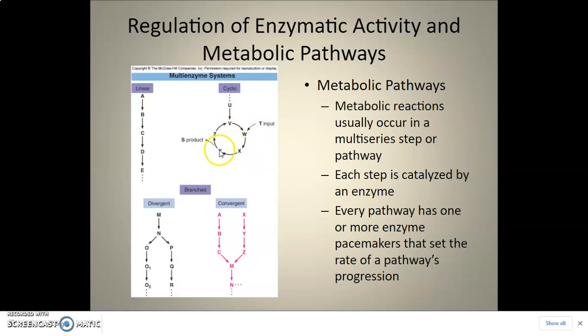But each one of these indicates a different enzyme that at a different step performs one very specific function. We also have branched metabolic pathways, where you may start on a linear pathway, but then whatever enzyme that is can lead into different products, or some that converge, so divergent and convergent.